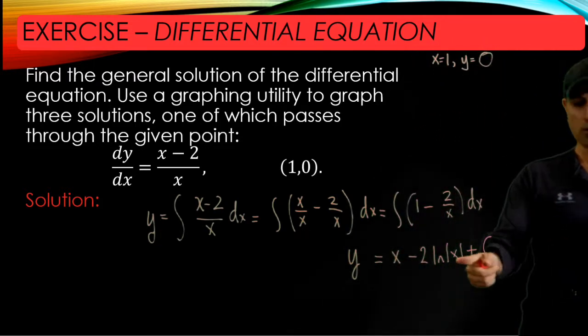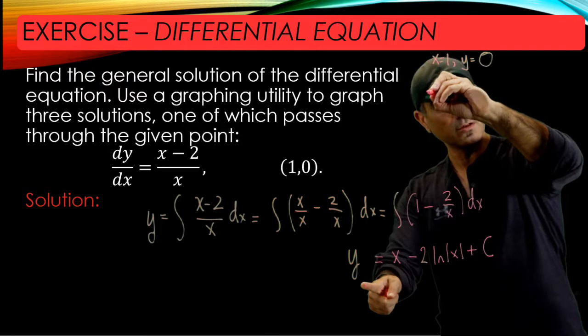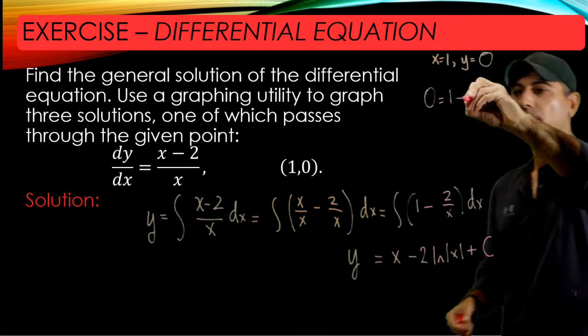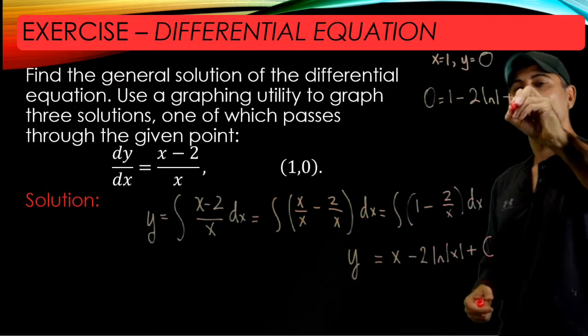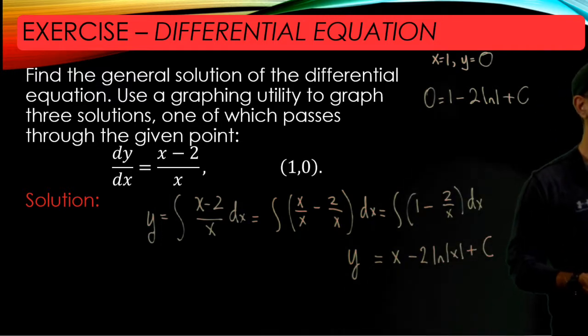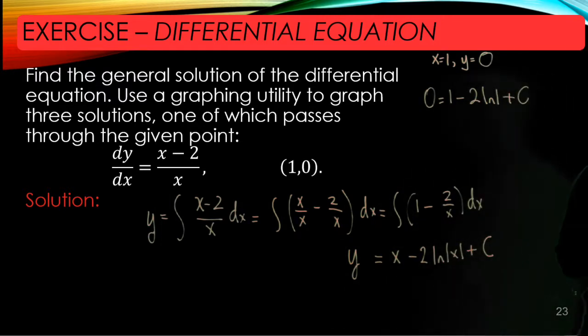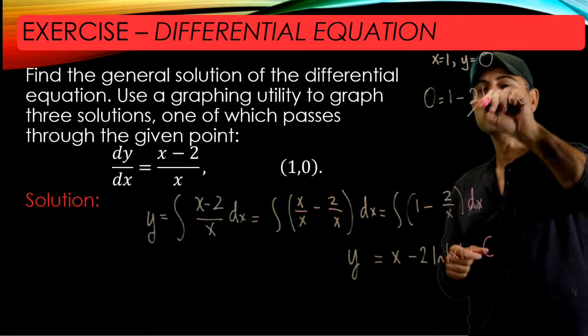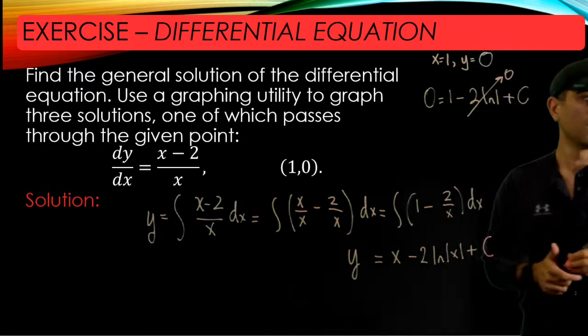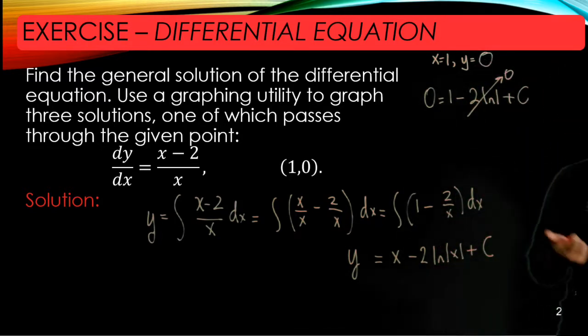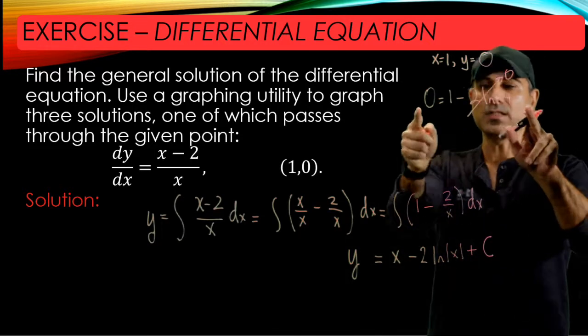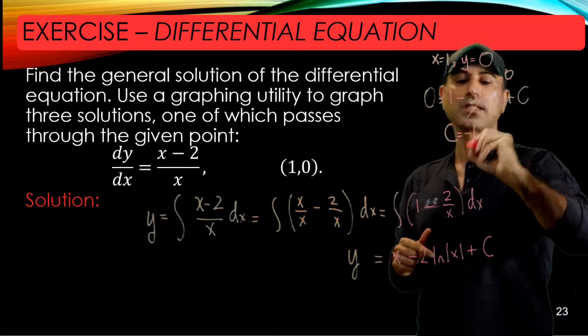Why don't we just consider that solution? y equals 0, x equals 1, so 0 equals 1 minus 2 ln 1 plus c. This allows us to determine the arbitrary constant explicitly, and ln 1 is 0 by the property of ln. So 1 plus c equals 0. That implies that c equals -1.